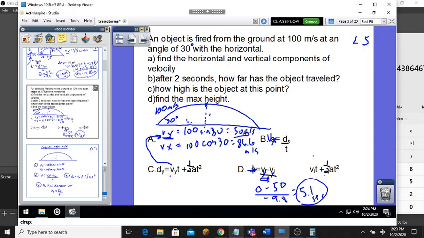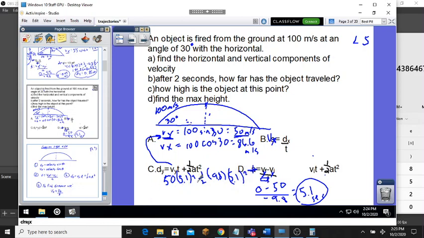So we're going to use 50. My time I got from over here, 5.1 seconds, plus 1/2 times negative 9.8, and then the time again squared.